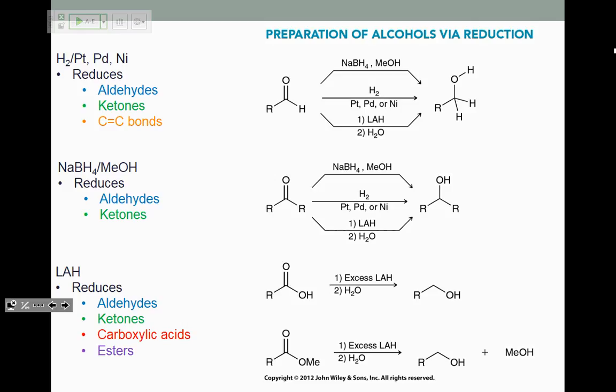You can use bulky R groups on our lithium aluminum hydride or sodium borohydride to maybe get your aldehydes to reduce more because of less sterics. But overall, from these reagents, if it's reducing aldehydes, it's reducing ketones as well. And all of these will reduce both. So we don't have any selectivity between aldehydes and ketones, at least not at this point in our discussion.